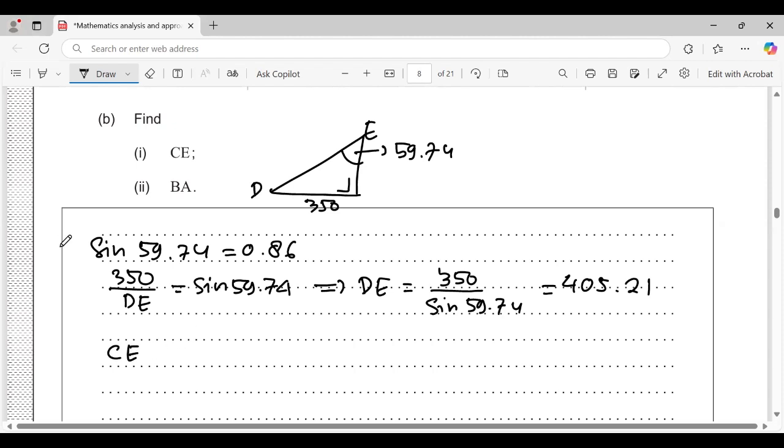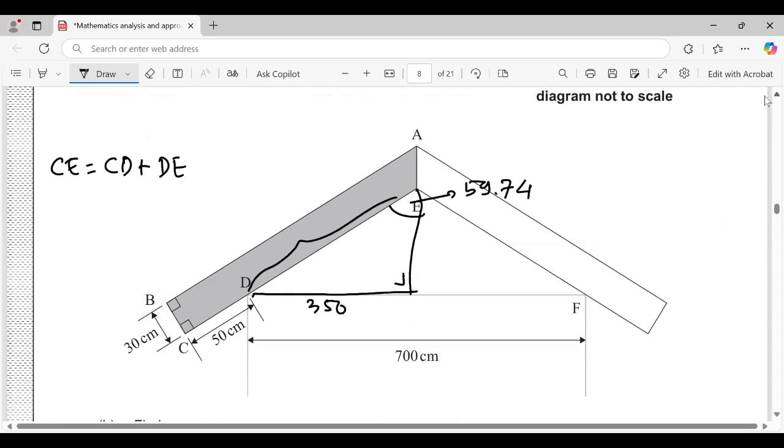CE equals CD plus DE, equals 50 plus 405.21, which is 455.21 centimeters. Part 2, we are going to find BA. To find BA, we need to create a right angle triangle.